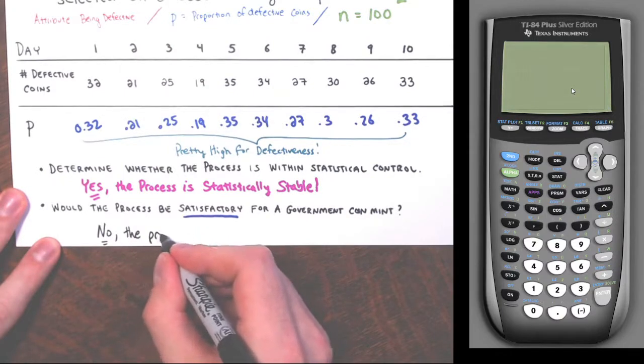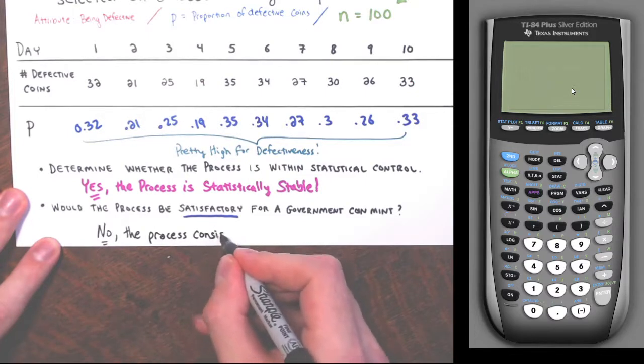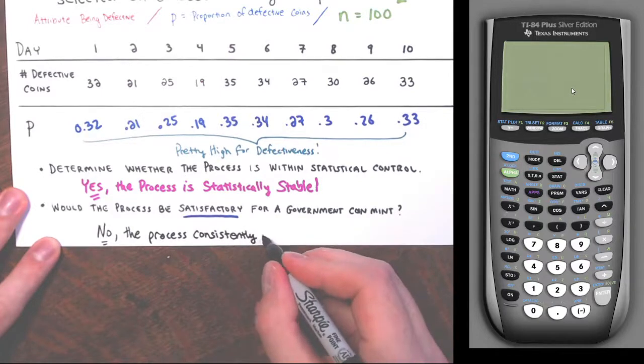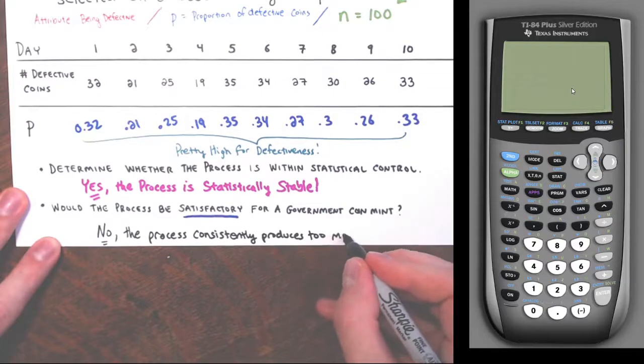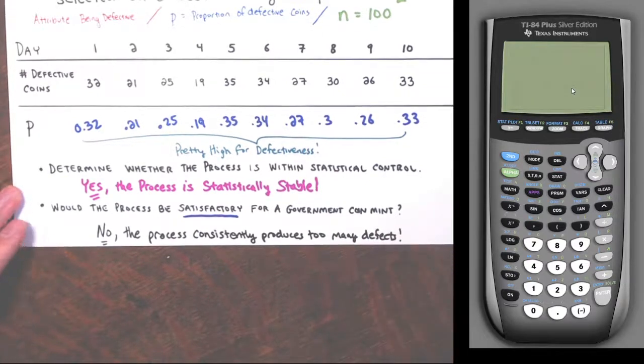The process consistently produces too many defective coins. Well, let's say too many defects for what I would want.